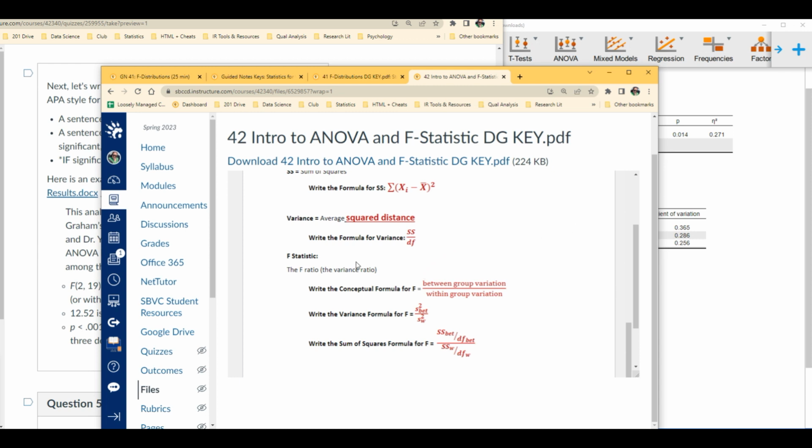Do we see a much wider amount of variation indicating that these groups are different compared to how much we see within them? So this ratio then gives us a way of determining whether these separate groups are really in alignment on top of each other, or are they spread out? Are they different? So this F represents a ratio of our between group variation over our within group variation.